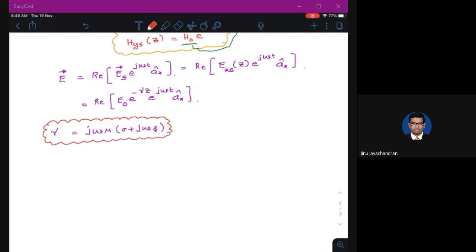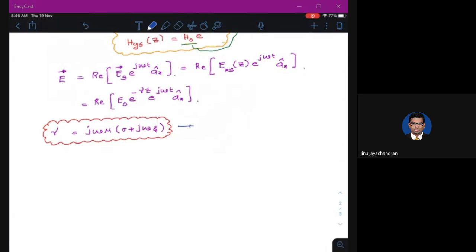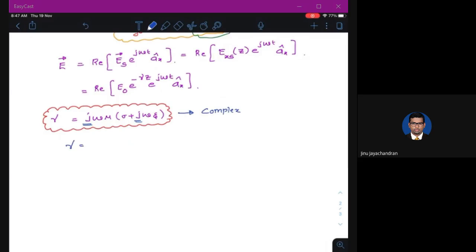Make sure you note down all these equations, write them down on a piece of paper so that you can always refer to them. Now this is actually a complex quantity because you have a term of j. Implies I can write gamma is equal to alpha plus j beta.